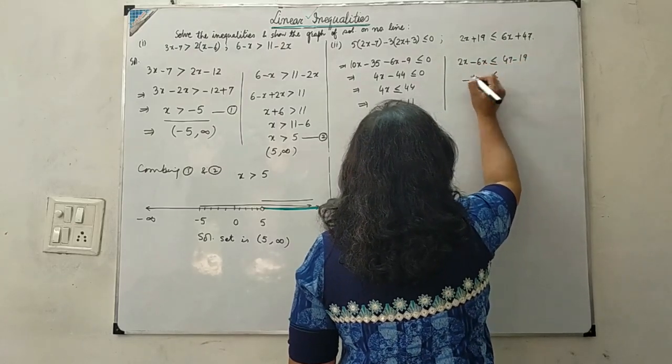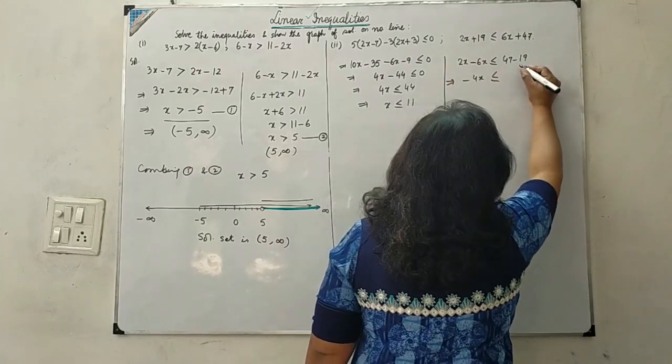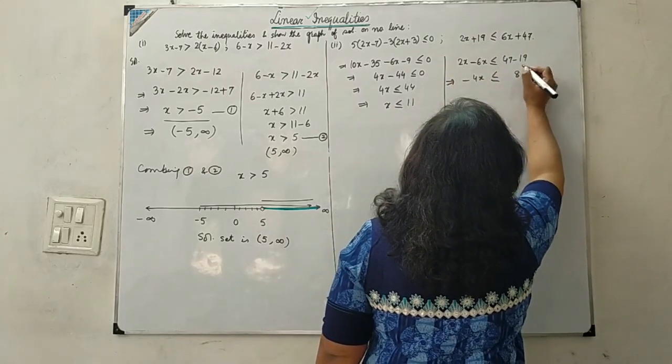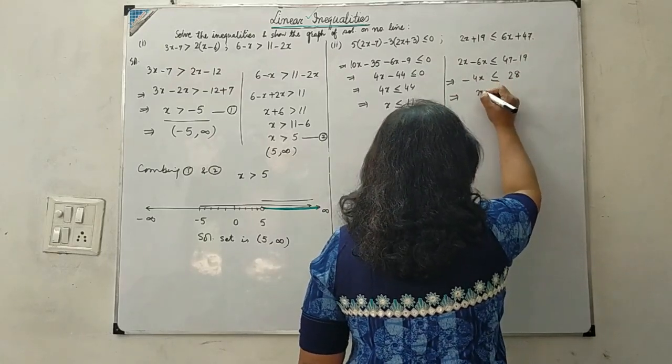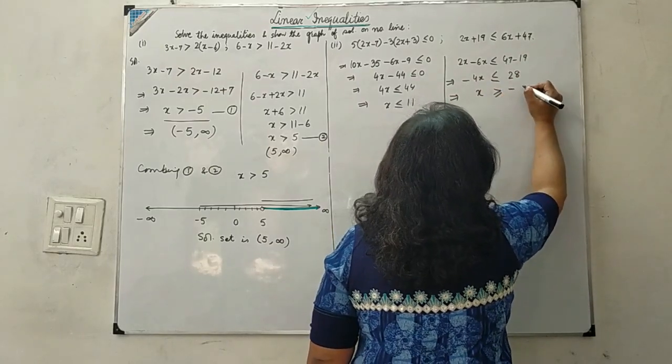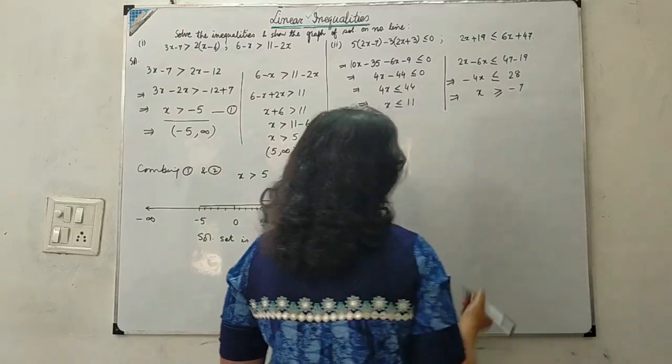This is minus 4x less than or equal to 28. Dividing by minus 4 changes the sign, and this gives x greater than or equal to minus 7.